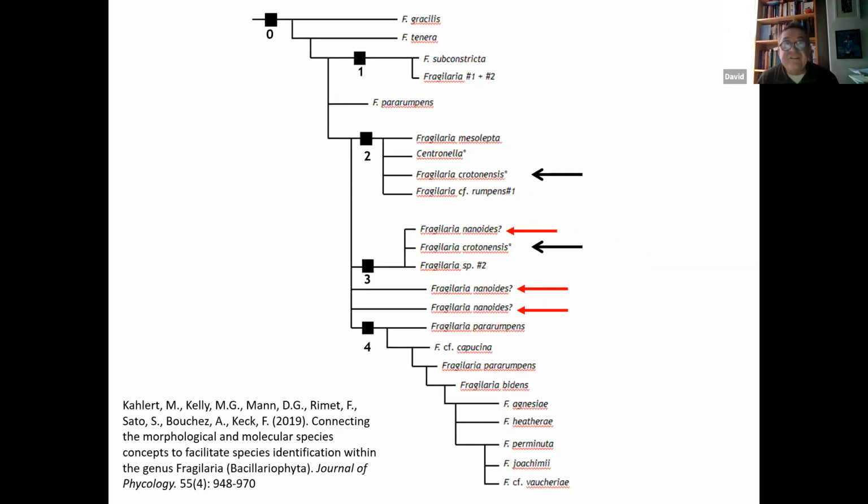What I've done instead is pull out subgroups here. There's group 1 at the top, group 2, group 3, and group 4. In my view, of course, those things are separate. So Fragilaria still is not definable, even though we have these molecular data, because frankly, molecular data don't give us any concrete evidence.